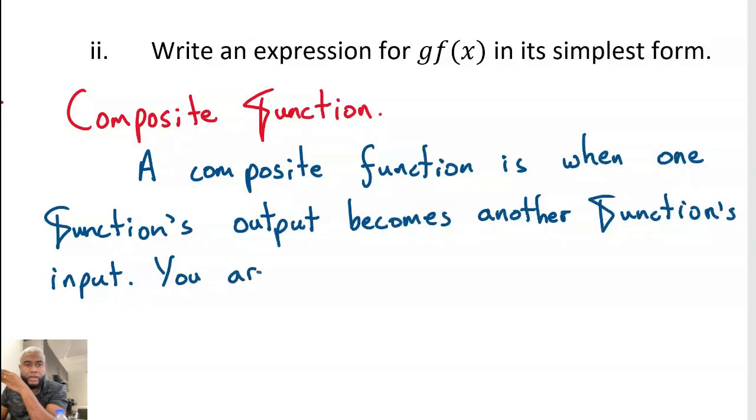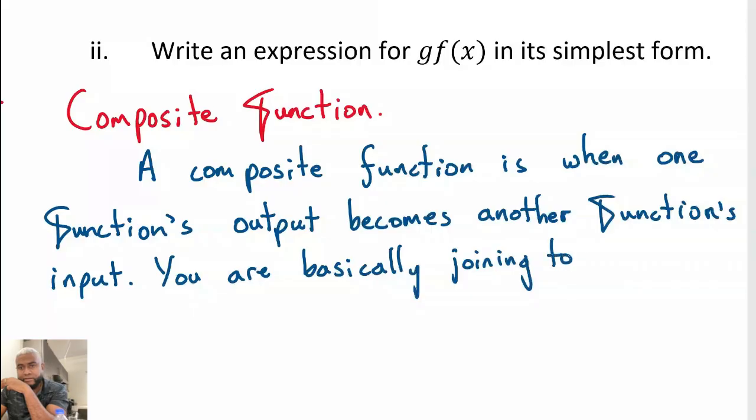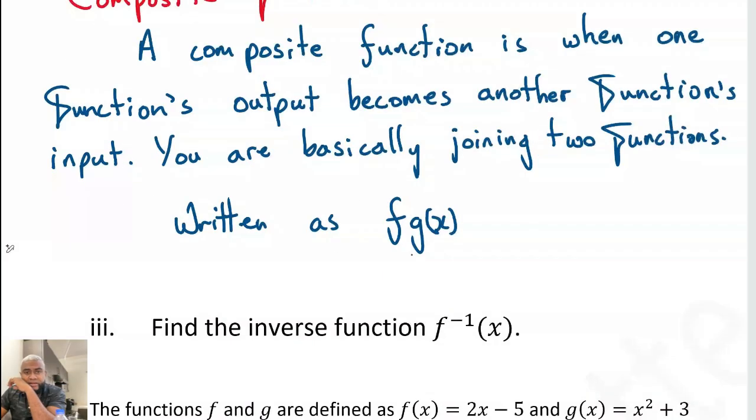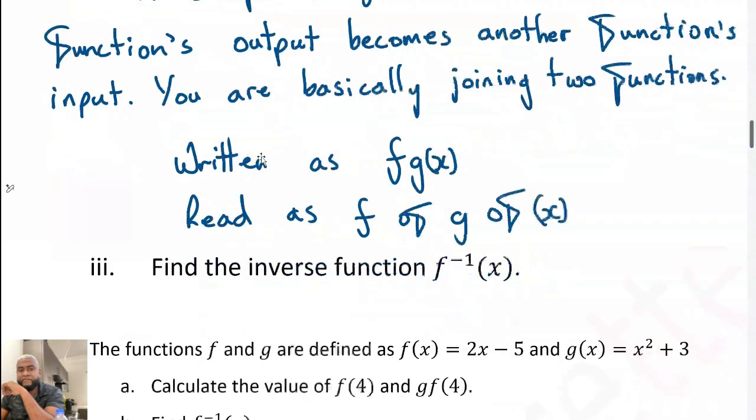So you are basically joining two functions. Everybody good there? We join two functions, right? So it is written as, if I have f, g, and x like this, it simply means, or I could read it as, f of g of x.